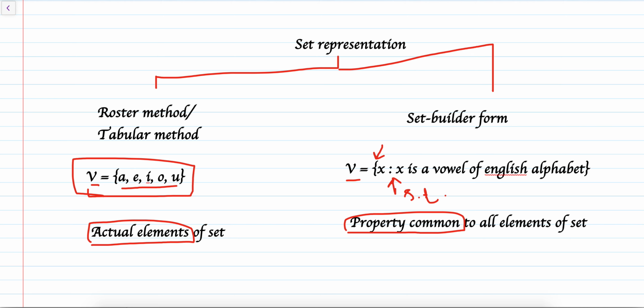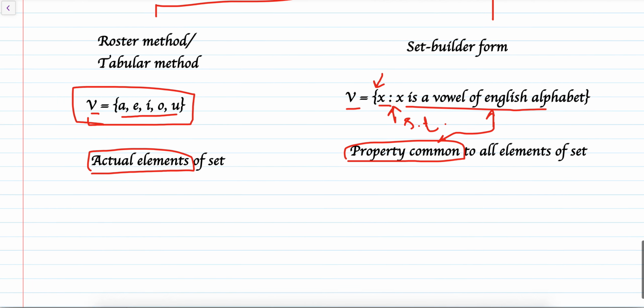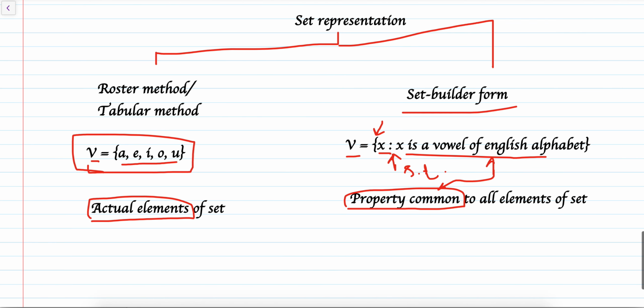So V is a set of elements x such that x is a vowel of the English alphabet. So we are telling the property of the elements. This is the main difference. So these are the two main ways to represent a set.